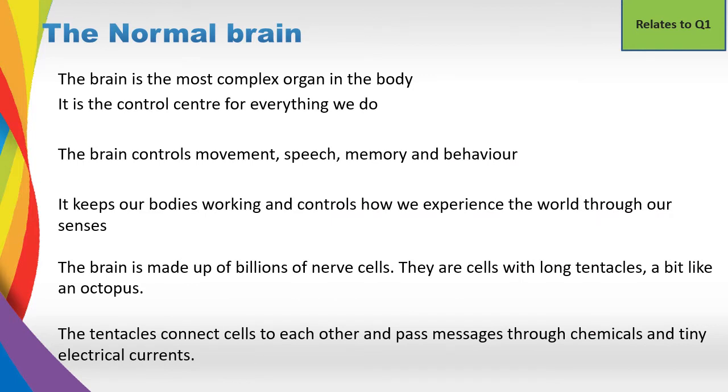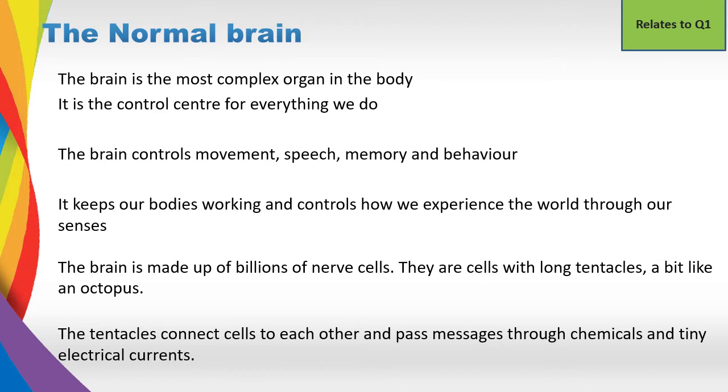So the normal brain is the most complex organ in the body. We can view it as a control centre because it controls everything that we do. It controls your movement, your speech, your memory, and your behaviour. Our brain keeps our bodies working, and it controls how we experience the world through our senses.